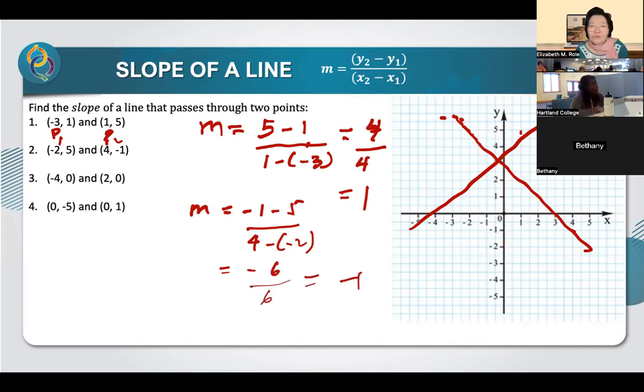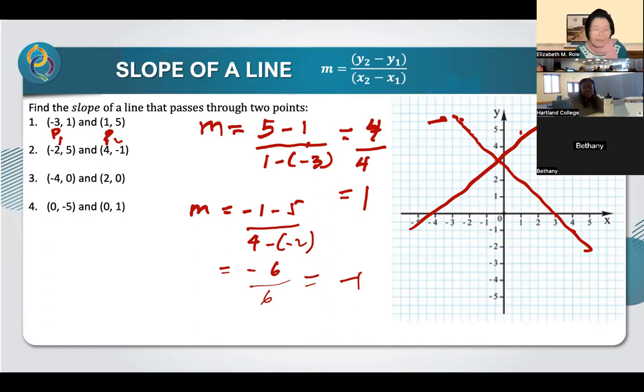It's -1. One of the lines rises to the right, the other would rise to the left. So this tells us that it depends upon the sign of your slope. If your slope is positive, then it will rise to the right. If your slope is negative, then it will rise to the left. So that's one way of imagining whether it is rising to the right or rising to the left.